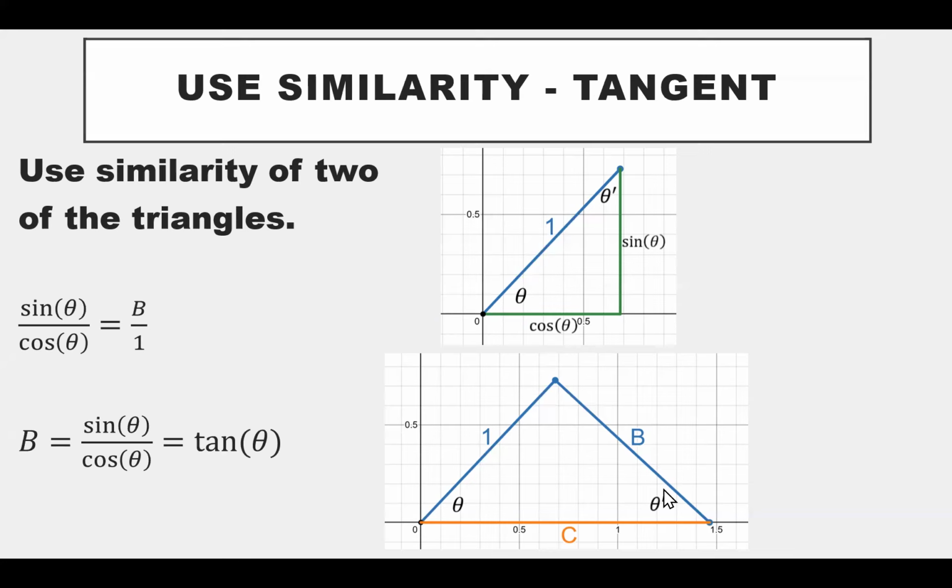B is going to be adjacent to the complement of theta. 1 is going to be adjacent to theta. So b over 1 is equal to sine over cosine. Rewriting that, b over 1 is just b. So b is sine over cosine, which is tangent of theta.